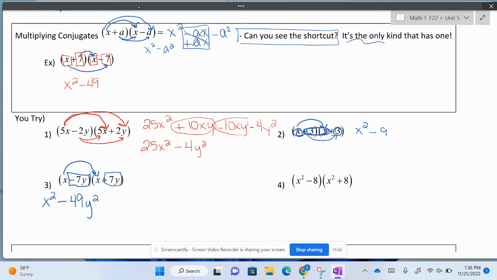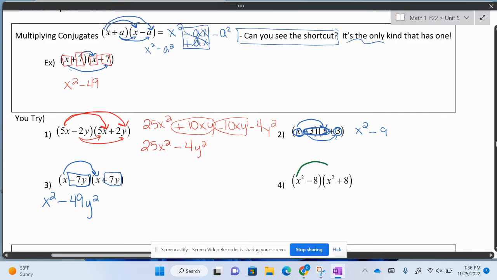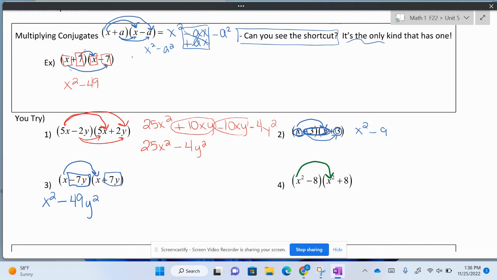On my last example, I'll do another distributive or FOIL just so you can see it. X squared times x squared. First term of the first parenthesis times the first term of the second becomes x to the fourth. Now we're going to do the two outside terms. X squared times a positive 8 is a positive 8x squared.